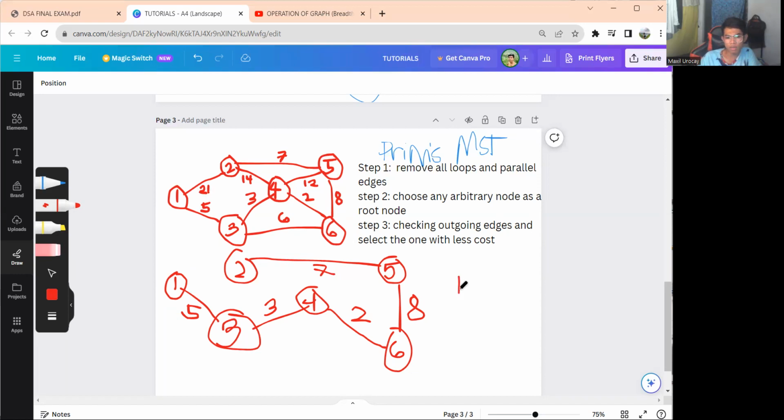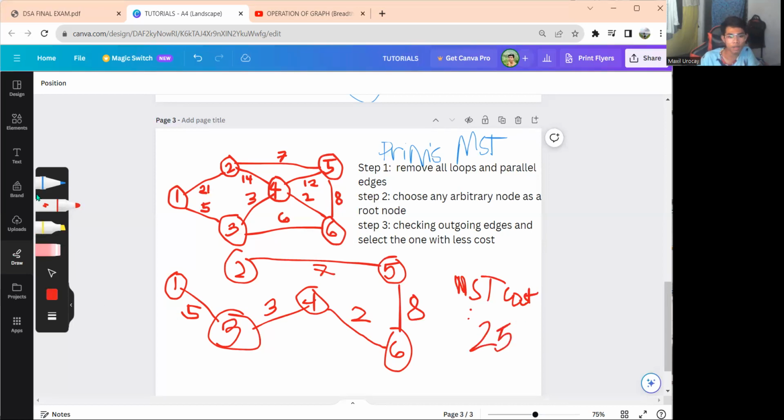So right now, you'll just calculate the minimum spanning tree cost, which is absolutely how much. So you total everything. You add the values, which is the 7, plus 8, plus 2, plus 3, and plus 5, which is still definitely 25.